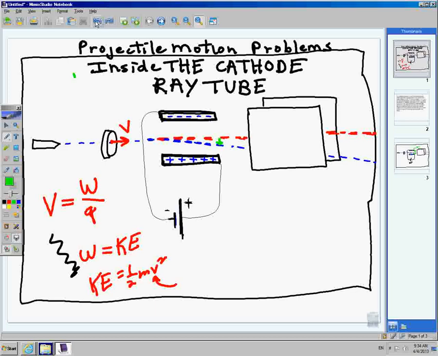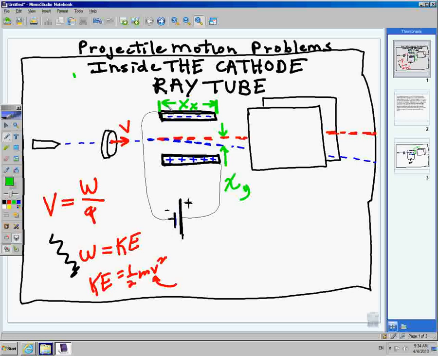Let me try and draw that differently here. Between here and there, that's going to be our x sub y, how much it vertically drops. And how far the electron actually went forward is going to be the length of the plate right here. That's going to be x sub x.